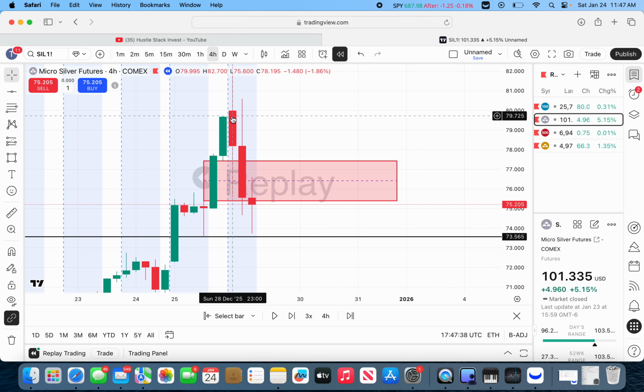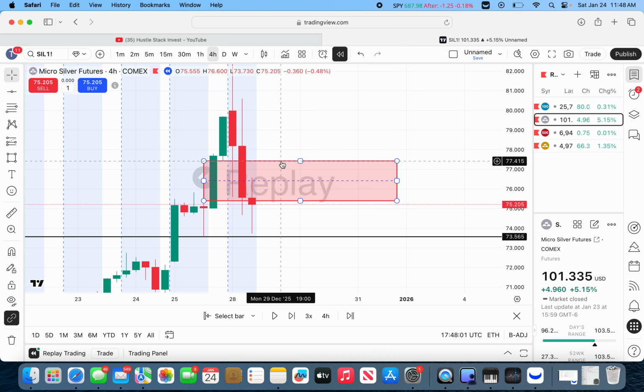Now we have another three candle pattern that ran through our bullish fair value gap. Now, this would have been a bearish fair value gap if this wick was a little bit shorter. Let's say this wick stopped here and this wick was a little bit shorter and stopped here, and it actually left a gap. But as you can see, with these three candles, there is no gap in between.